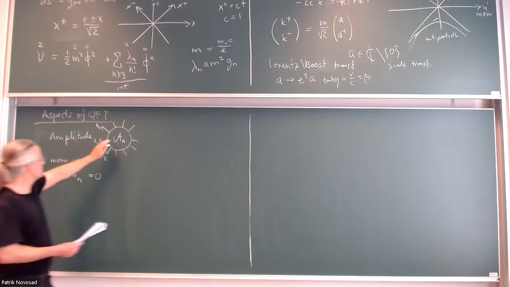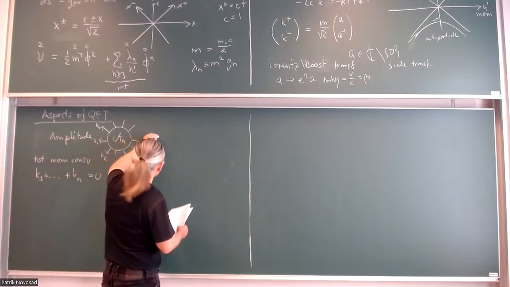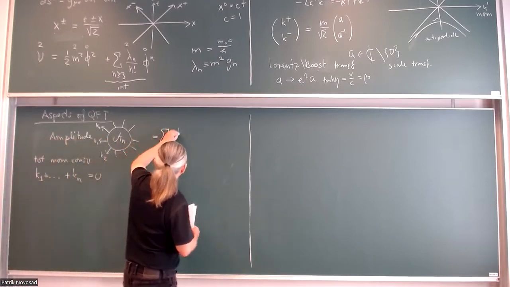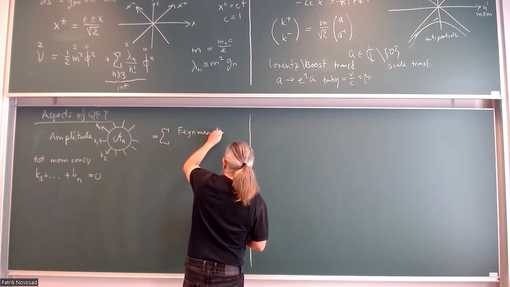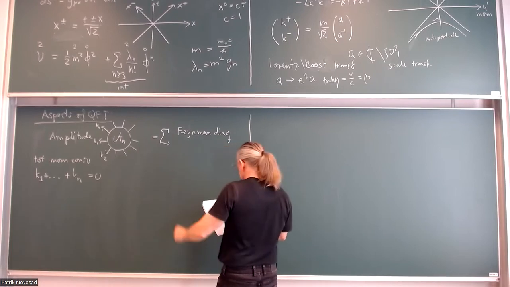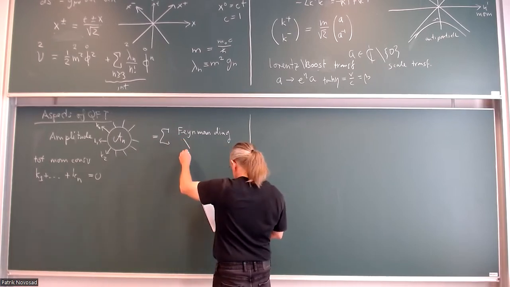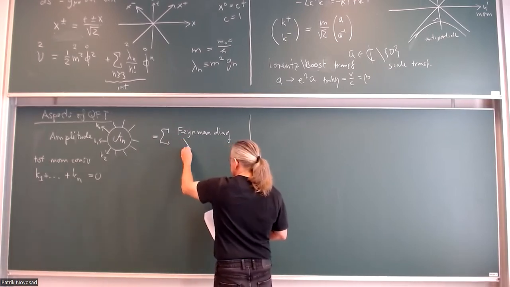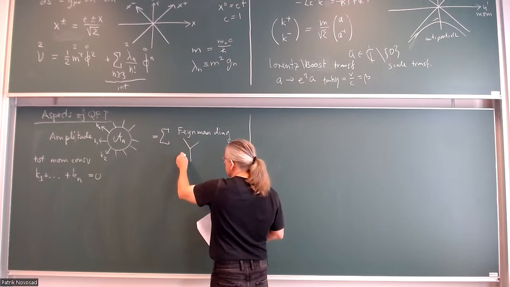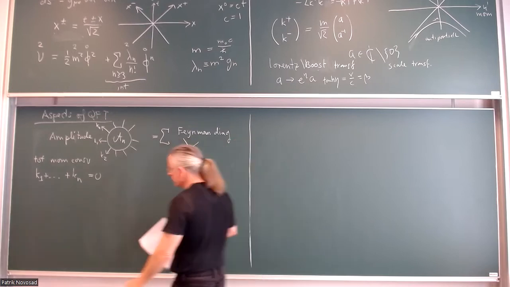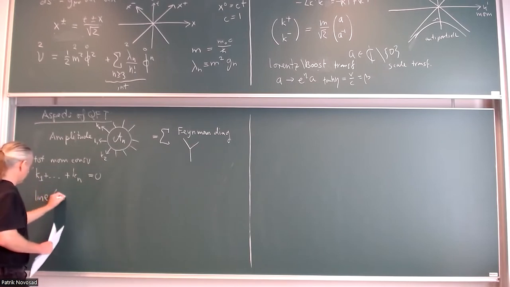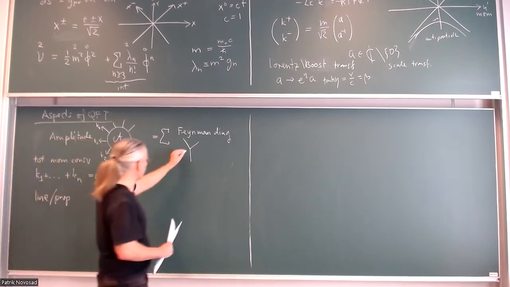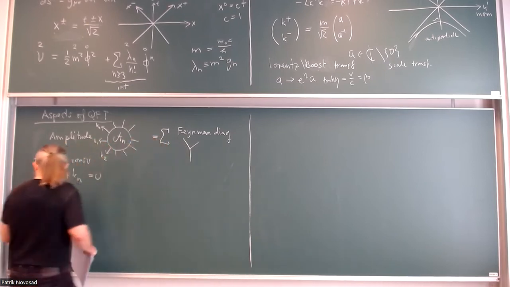The next thing is that an amplitude is really a sum of Feynman diagrams. Let me just write some example. There will be what we call lines of propagators, and there will be vertices, n vertices.